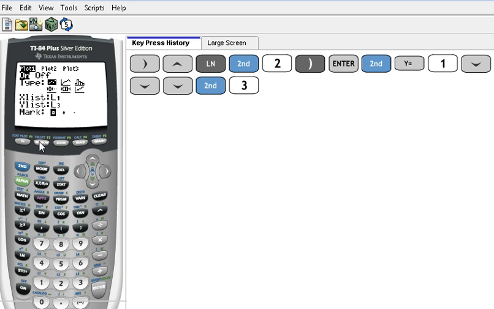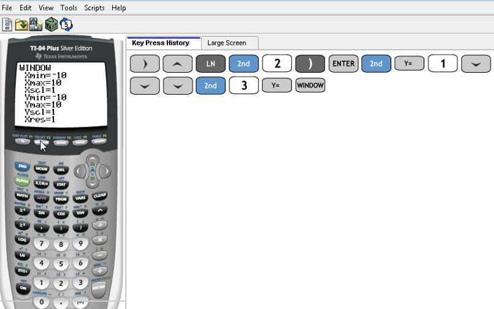Now we also want to make sure that we have no previous functions stored in the y equal area, and so if you do, clear those out, and we'll reset the window to match our data, for which the lowest value of t is 0.